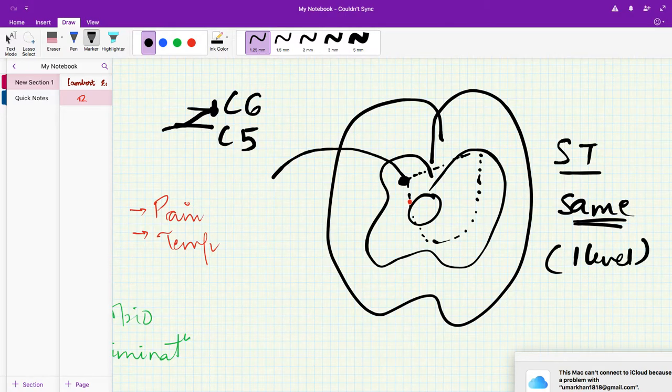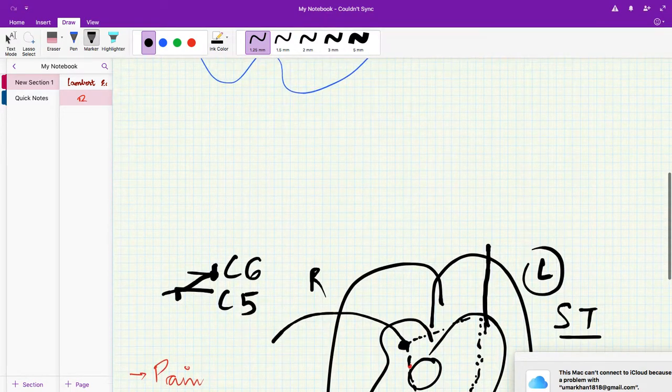So if the C5 spinothalamic tract of the right side, by C6 level it would have reached on the left hand side. So this is right side, and now it crosses, and then it would have now reached up to the C6 level. It has reached now on the left hand side, and now it will ascend upwards.